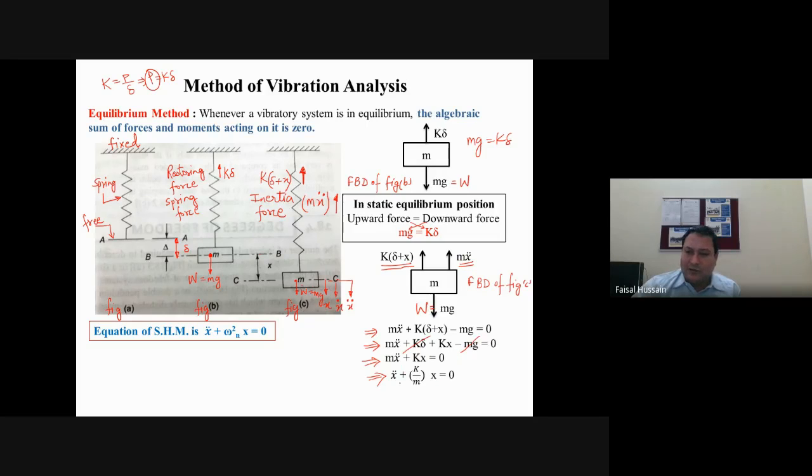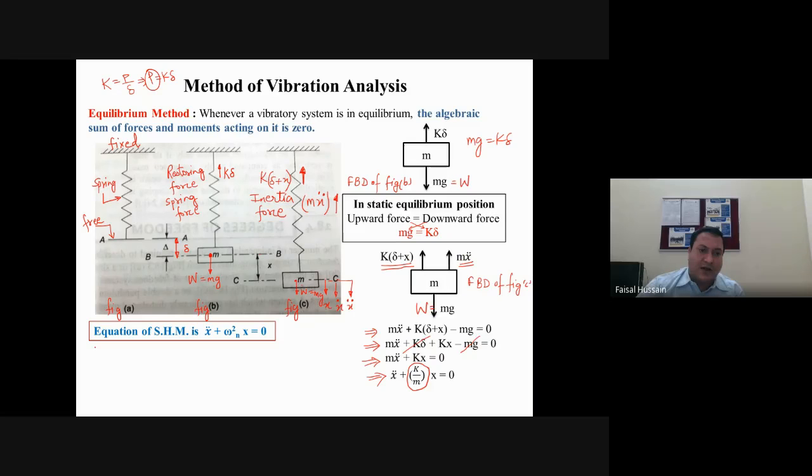So now what we have to do, students, see this term, this is k by m. And see the standard equation of simple harmonic motion. The standard equation is x double dot plus omega n square x equal to 0.